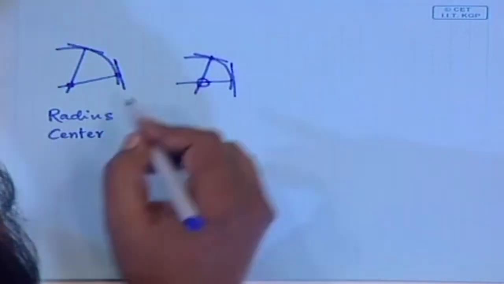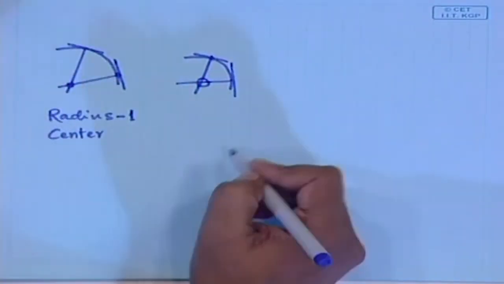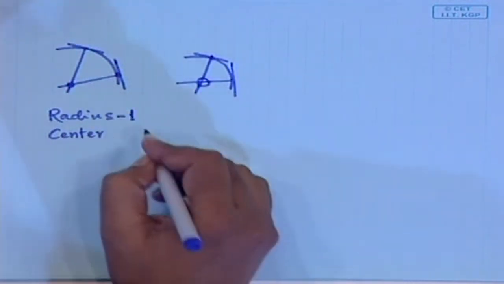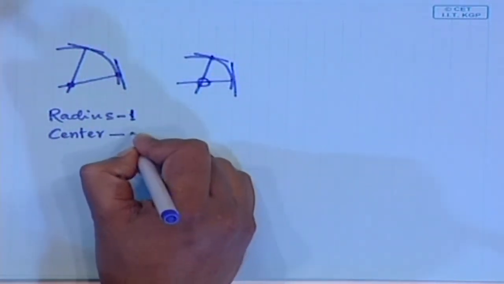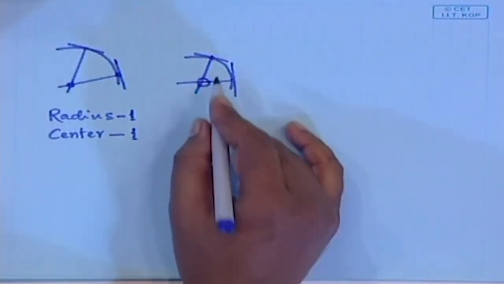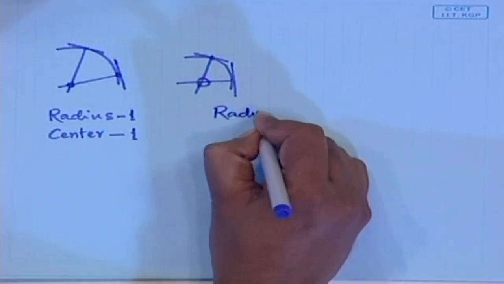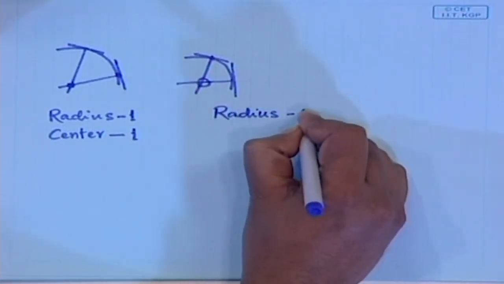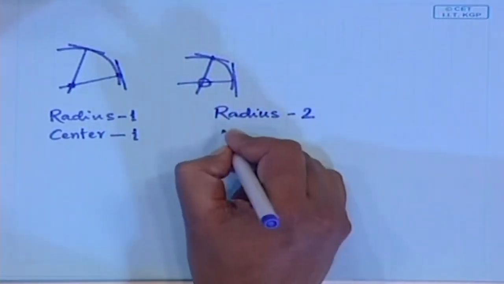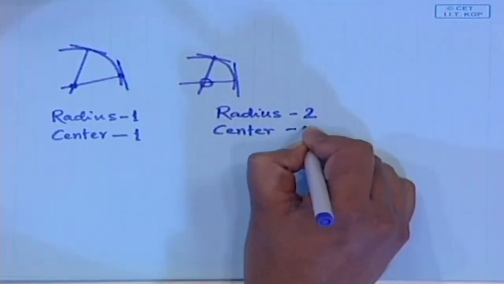In this case, let me call this radius 1 because it is the radius of the first circular arc, and center 1 because it is the center of the first circular arc. Similarly, in this case, let me call it radius 2 because it is the radius of the second circular arc, and center 2 the center of the second circular arc.